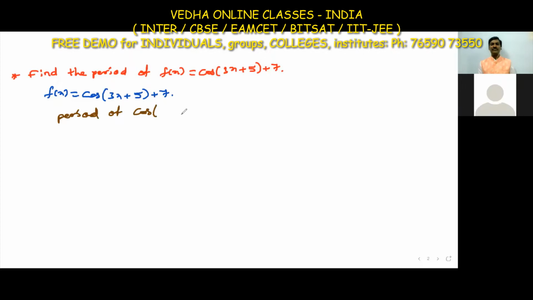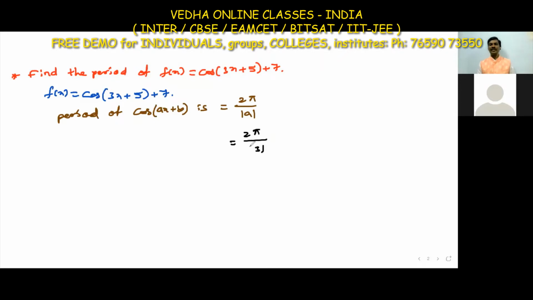It is 2 pi by mod a. For cos and sin, this is the formula. If we apply the formula here, 2 pi divided by mod a, where a is the x coefficient. Just write the x coefficient here.